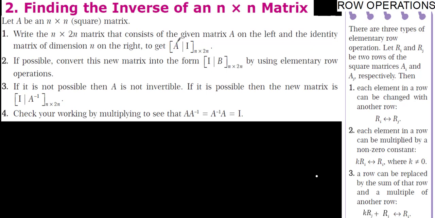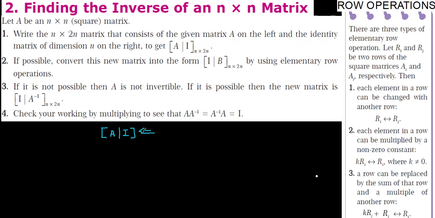If you remember, we were writing A and the identity matrix together. Then we were converting the A matrix into the identity matrix by using the row operations. When this becomes the identity matrix, the B becomes the inverse of A. So basically, if I show here, A and I, we were writing together.